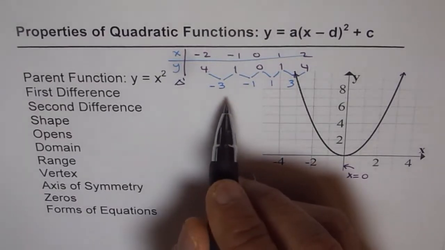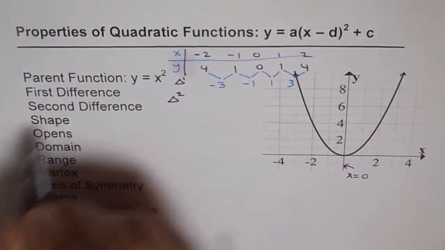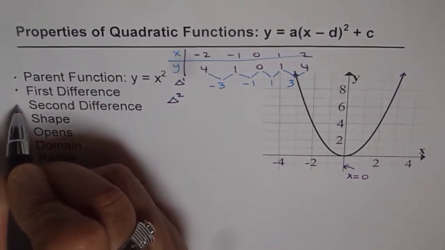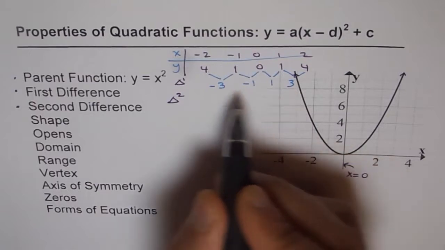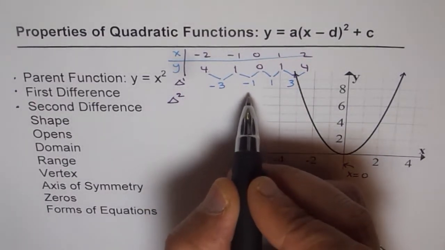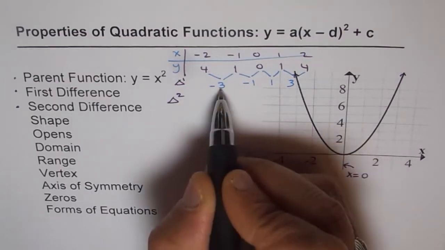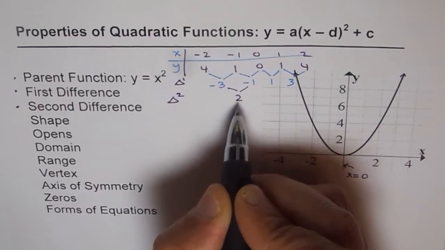Now let's try to find the second difference. We have already done these points. Second difference is the difference of the consecutive terms of the first difference, right? So we do the same process again: minus 1 minus minus 3. When you do that, you get 2. Do you see that?